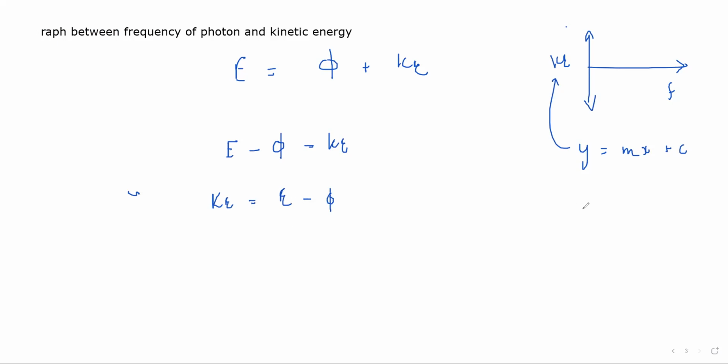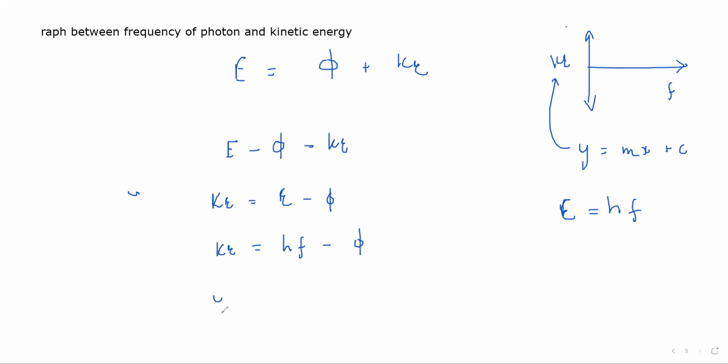And what is E? E is the energy of the photon. In the beginning of the session we discussed that the energy of a photon E is equal to hf. So in place of E I can write hf. So kinetic energy is equal to hf minus phi.